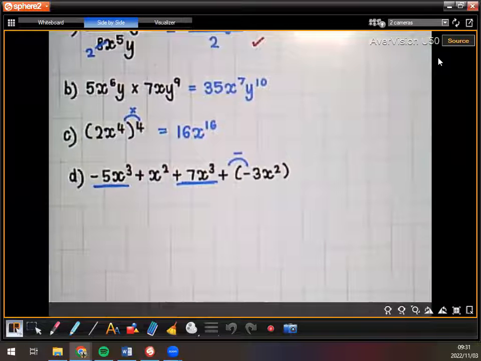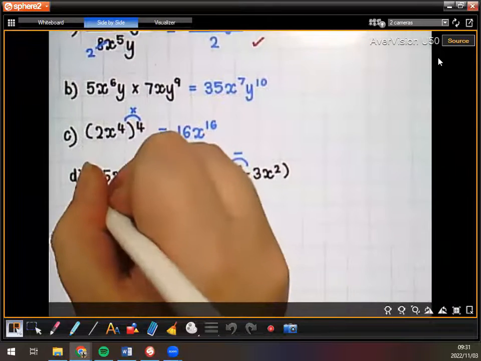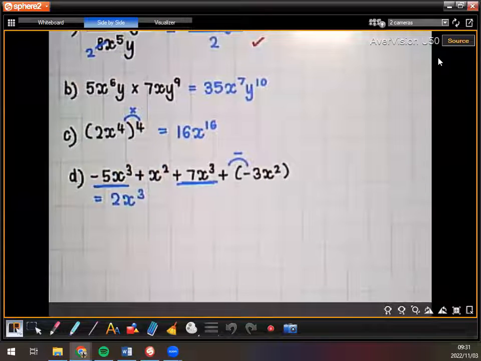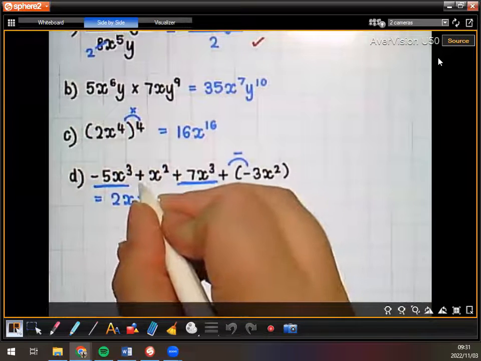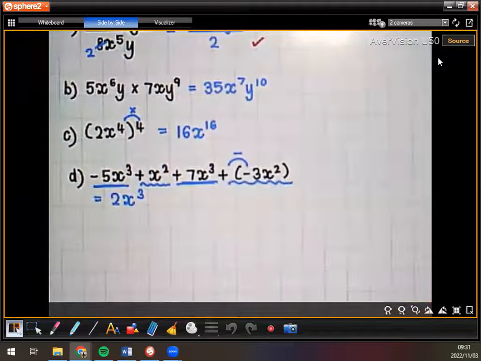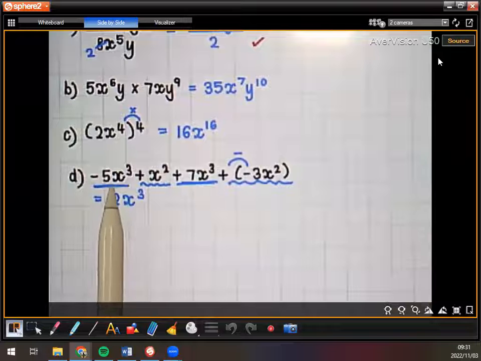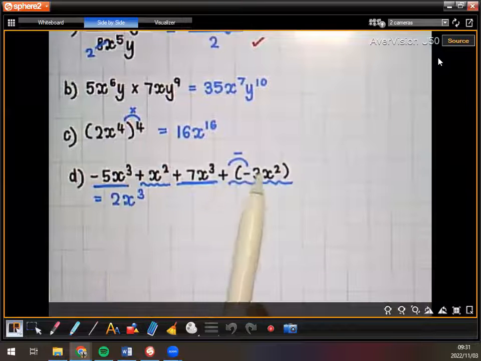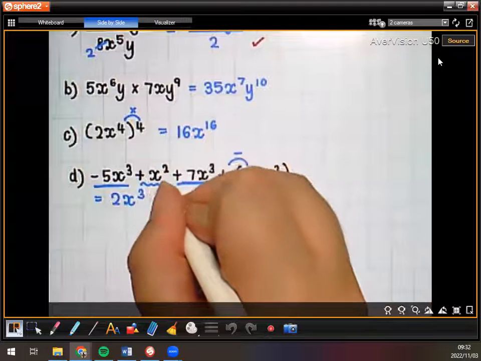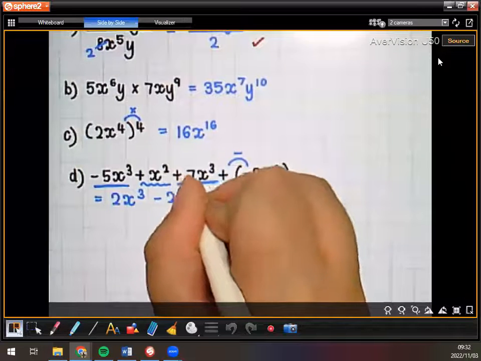Right? We're starting at negative 5, we're adding 7. So that is going to give us 2x cubed. And now we have a plus x squared and a minus 3x squared. So if it's just an x squared, that's actually 1x squared, right? What's 1 minus 3? Negative 2x squared.